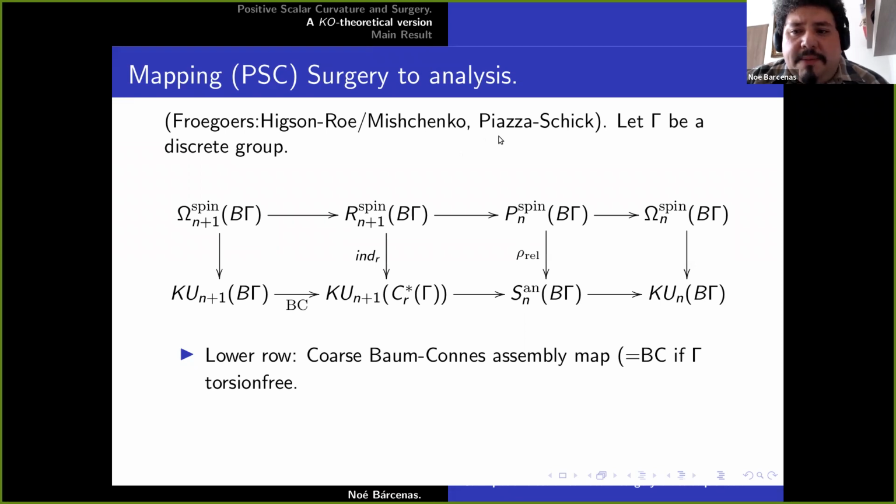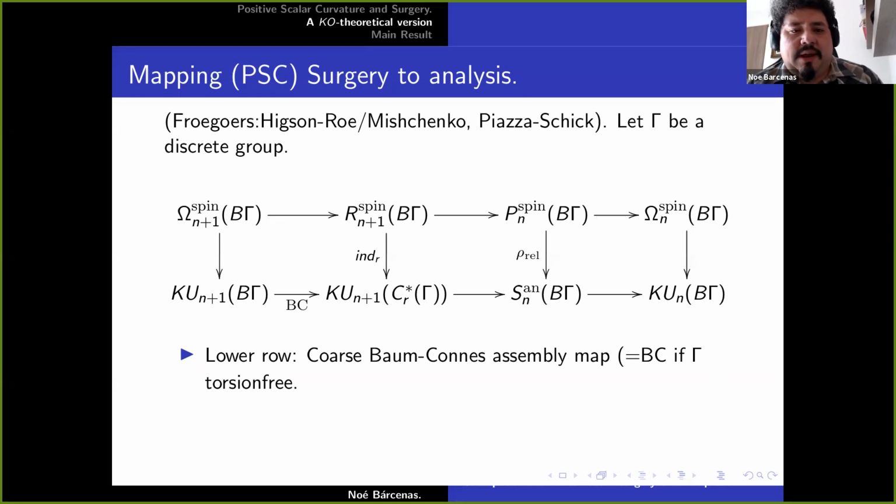And more specifically for what we are doing in the topology of scalar curvature, I should mention the names of Paolo Piazza and Thomas Schick. And this mapping surgery to analysis takes the following form. We consider the PSC surgery exact sequence on the top, and we plug in X equal to the classifying space of a discrete group.